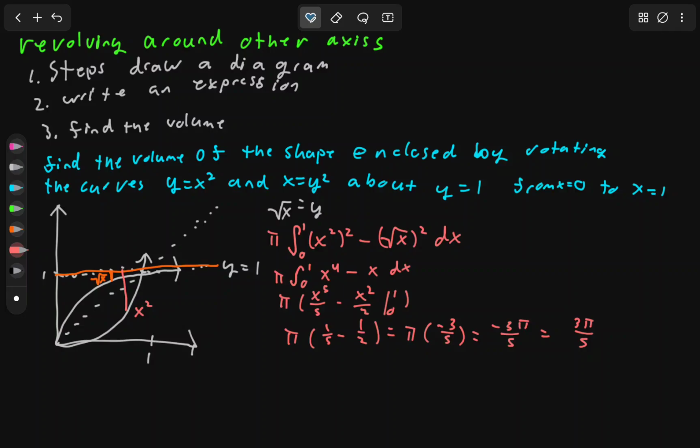So in this case, because the area is underneath y is equal to 1, the volume is going to mathematically be -3 pi over 10, but because that doesn't make sense in the real world, the true answer is 3 pi tenths, just because of the definition of volume.